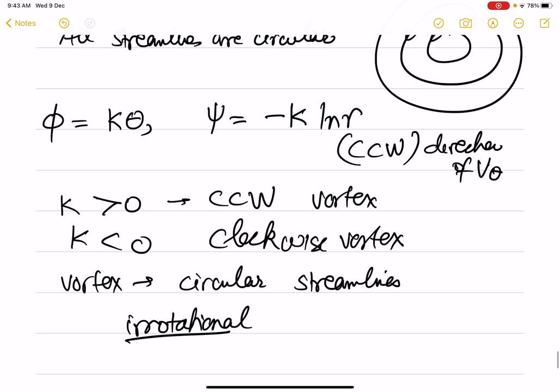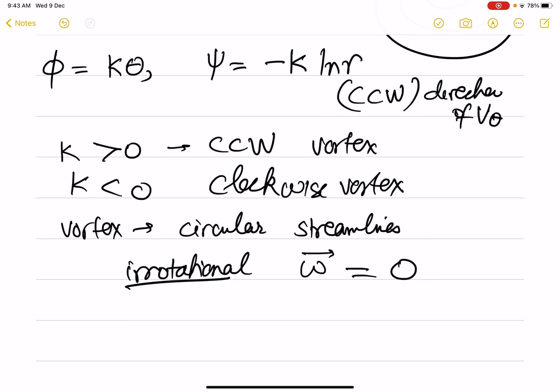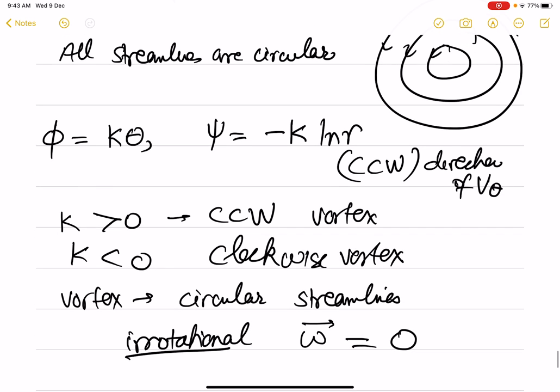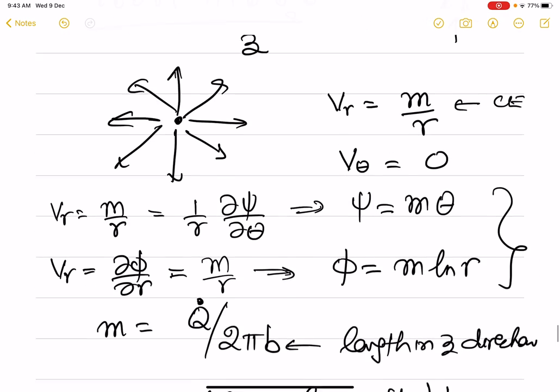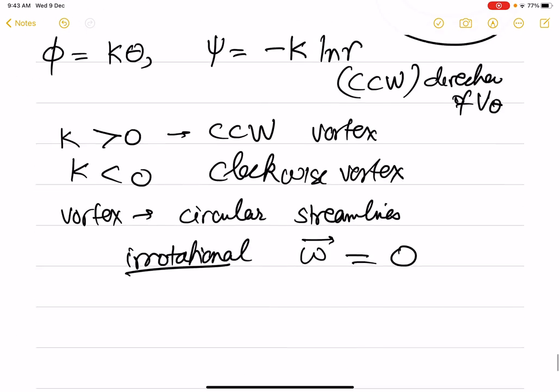That means the omega, or vorticity, for this flow will turn out to be 0. Once again the vortex has been placed at the origin, and in the source or sink flow again the source or sink was placed at the origin.